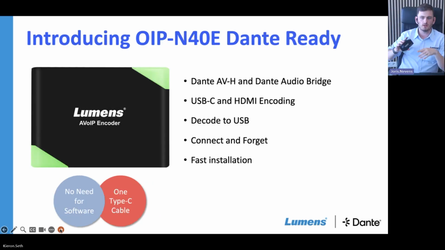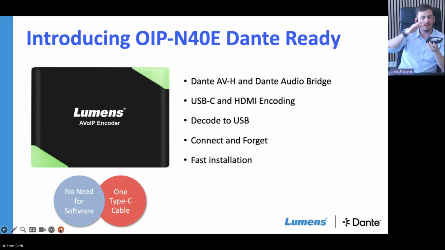When we then talk about the encoder, it is basically a bridge for us, because it can not only encode an HDMI in or a DisplayPort in and convert it to Dante audio and Dante video, it can also be placed underneath the table. We will show the example later.